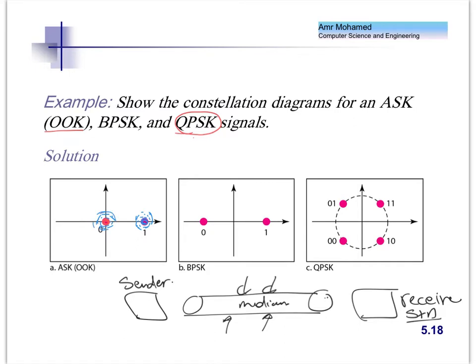So these different dots represent how each symbol has been affected by the noise when it got transferred over the transmission medium. And the more the noise is, the wider this cluster of points will be. So here we will have dots like this as well. So again, these dots are showing the effect of the noise on the transmission medium.